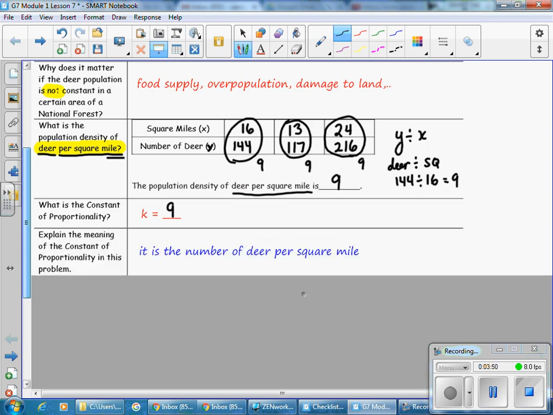The meaning of the constant of proportionality in this problem, it's the number of deer per square mile. Remember that the constant of proportionality is the same thing as the unit rate. So k is also called the unit rate, also called the constant.